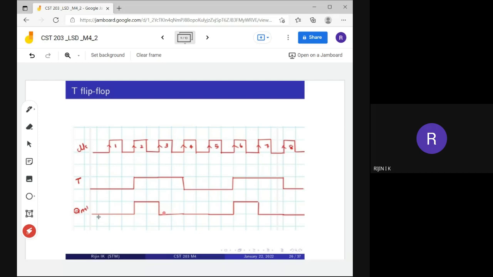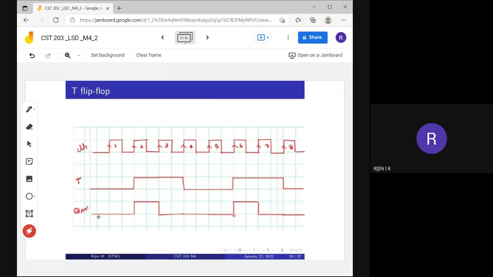Then that keeps going to the next clock period. Here in the next clock period, T is equal to 0. T goes from high to low, so T is equal to 0, and the current state is also 0, so the next state will be 0. Here T is equal to 0, current state is also 0, so next state will be 0. Here T is 1 and the current state is 0.